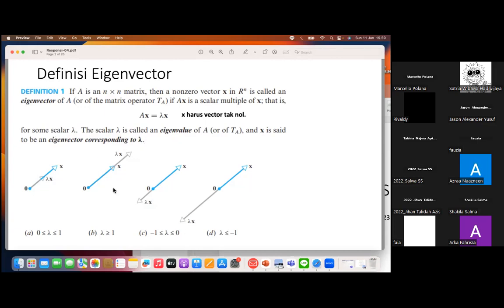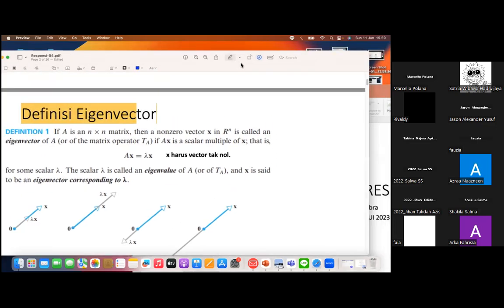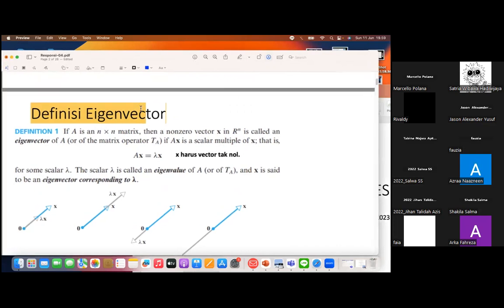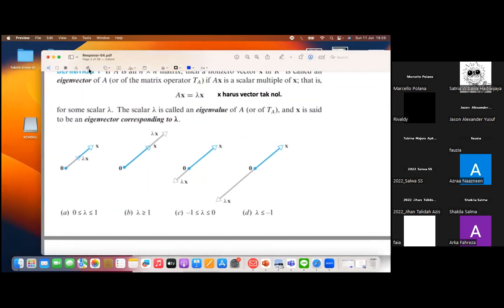And transformation rules also apply here. Can I scribble here? Anyways, I cannot scribble here.